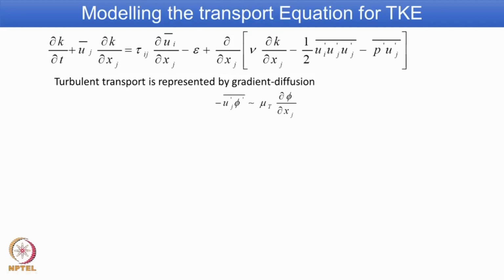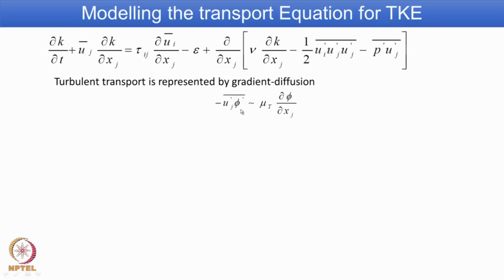For example, that is a Reynolds stress, and the agent that is responsible for transporting the term is u_j'. That is why it is referred to as the turbulent diffusion term. In a very generic form, we write that as phi. The Reynolds stress term we can interpret as phi, and u_j' is your transporting quantity.